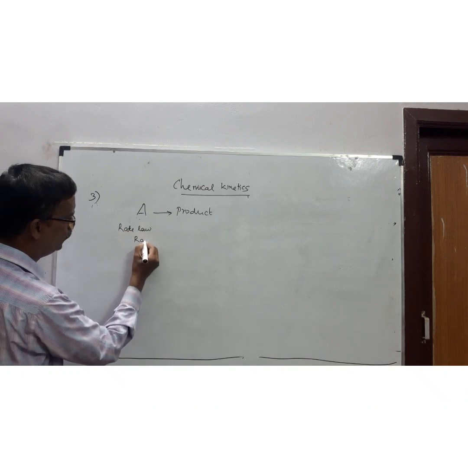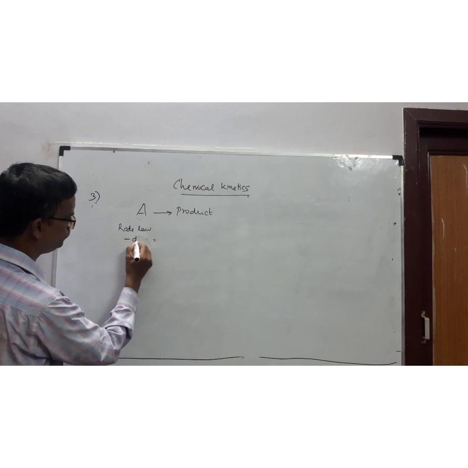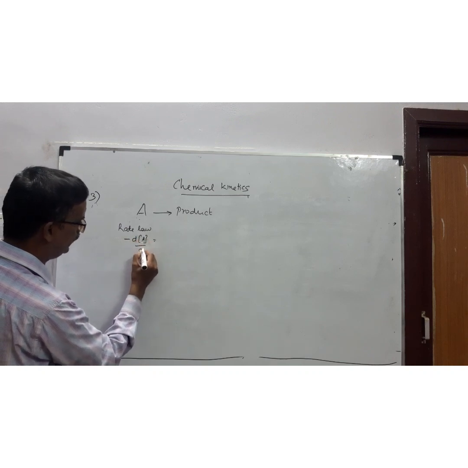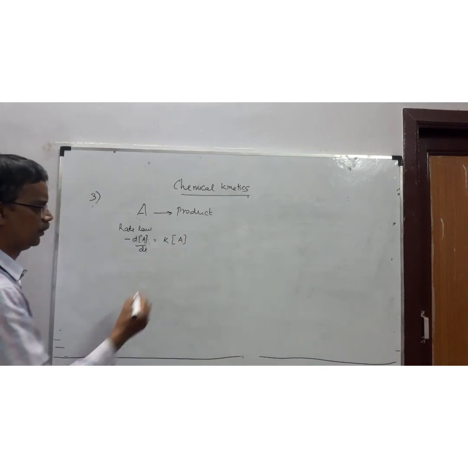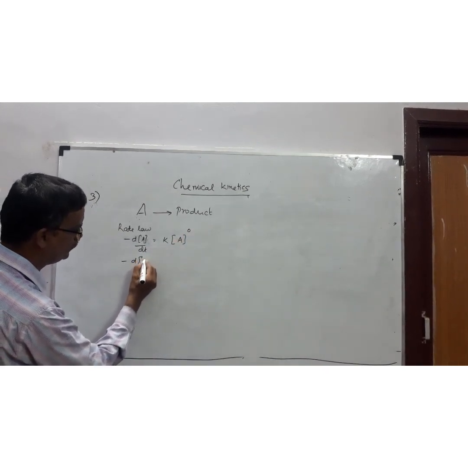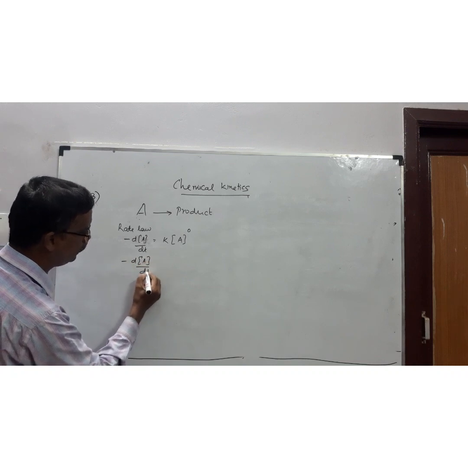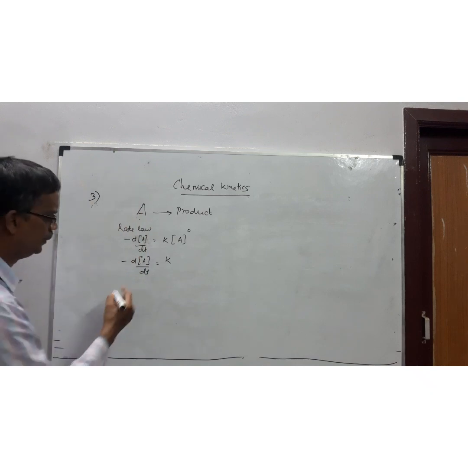rate equal to minus dA by dt, equal to the rate constant into the concentration of reactant A power 0 for zero order. So minus dA by dt equal to k into 1, since A power 0 is 1.